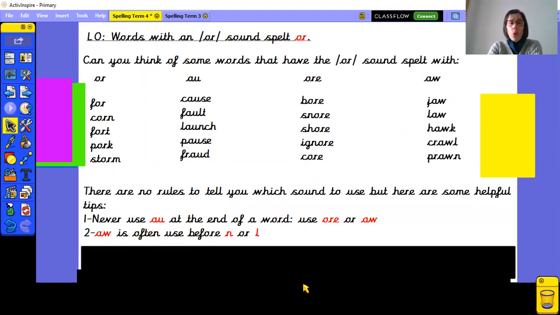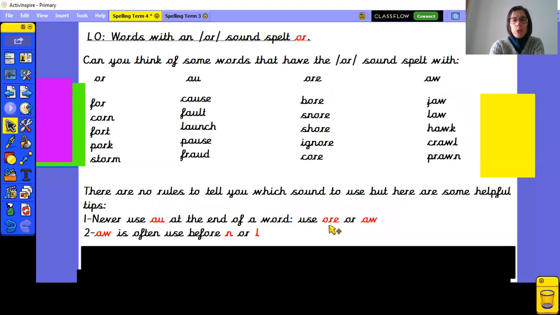Unfortunately, with the sound O, there's really no rules to tell you which spelling to use, but we just have some tips for you. So as you've seen here, the sound O spelled A-U is never at the end of a word. So if you look at here, you will find the A-U in the middle of a word. So A-U is never at the end of the word.